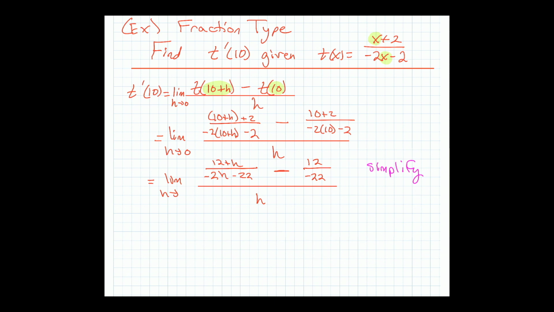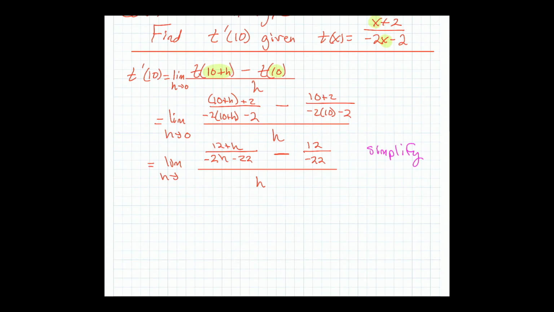Now, what are we going to do? What we need to do now is get a common denominator so we can add these fractions together. I need to rewrite it, so I've got 12 plus h over negative 2h minus 22, minus 12 over negative 22.